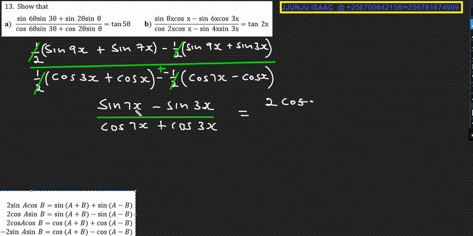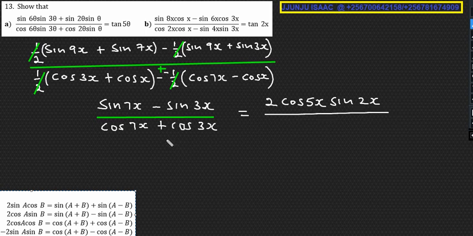Adding them, we get 10x, and divided by 2, we shall get 5x. So 5x, then sine, subtract them and divide by 2. This is going to be 4x divided by 2, you get 2x.